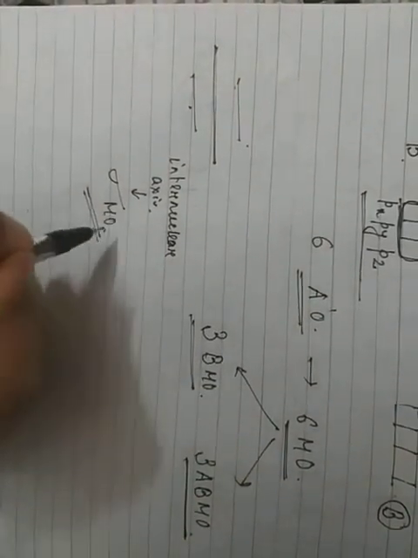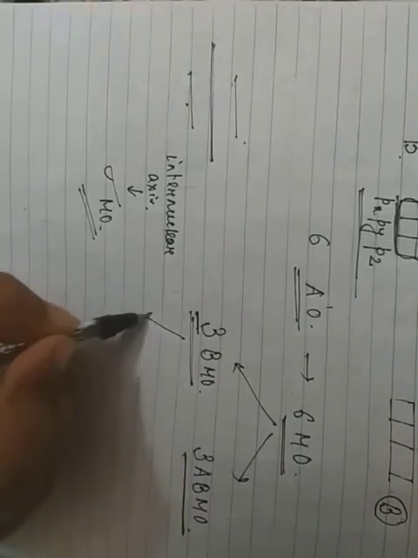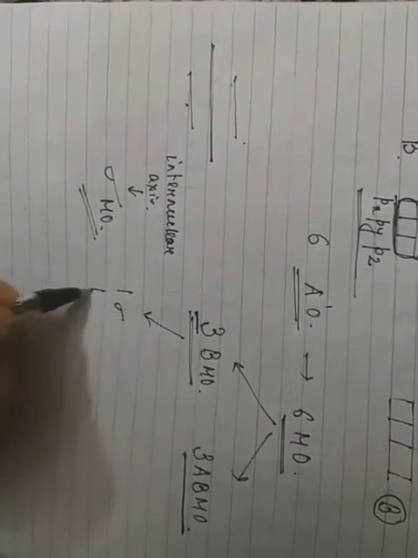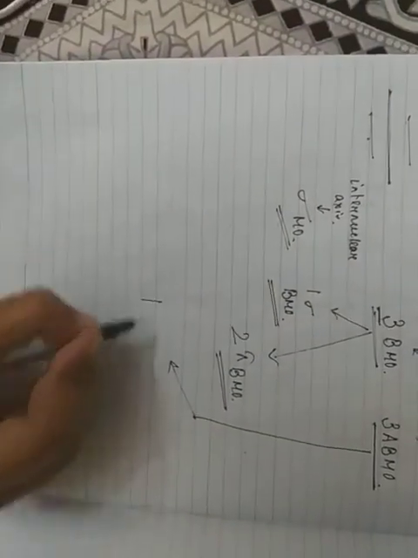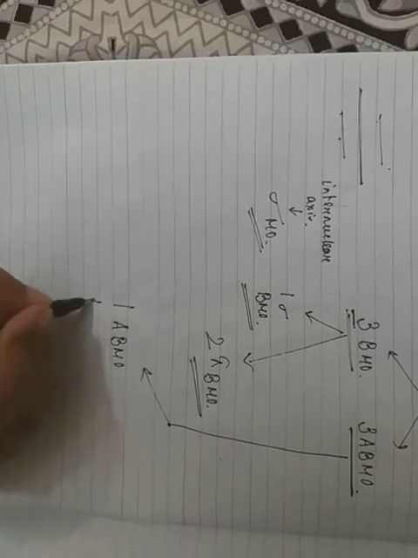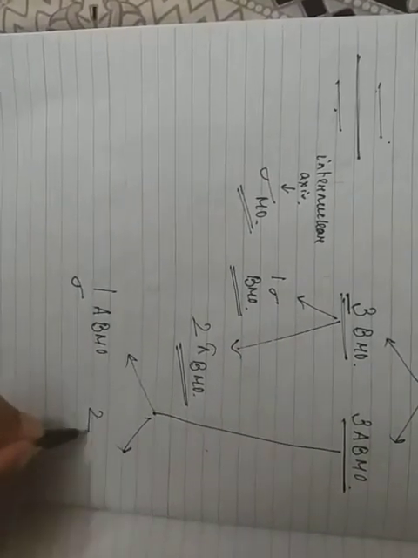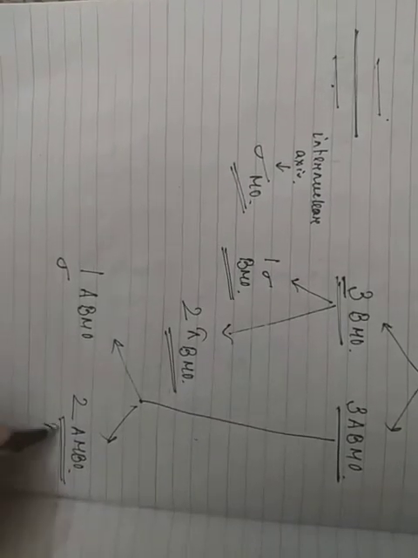Since only one sigma bond is formed, out of these 3 bonding molecular orbitals, one will be a sigma bonding molecular orbital and 2 will be pi bonding molecular orbitals. Similarly, in anti-bonding also, we will have one anti-bonding molecular orbital that will be sigma, and 2 anti-bonding molecular orbitals that will also be pi.